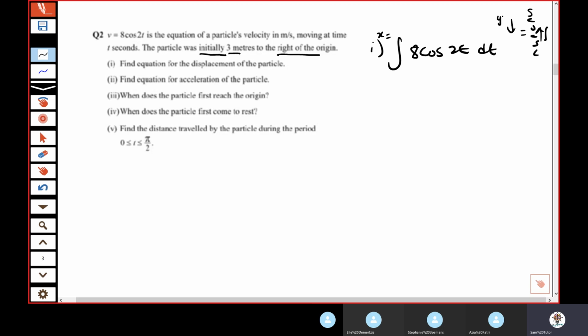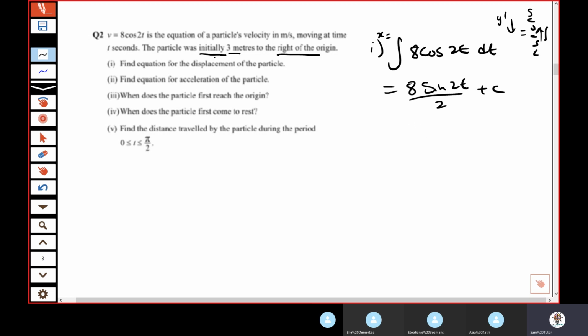Going down is differentiation. If we're integrating cos, it should be a sine still. So it's going to be 8 sine 2t. Nothing changes, except you have to differentiate the 2t, which is 2, and then we divide by that. Sounds good? Plus c.